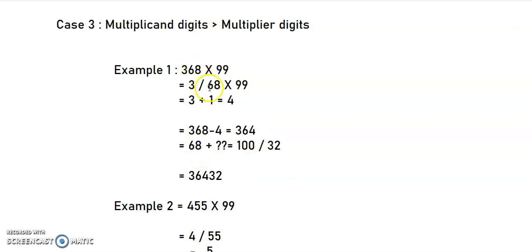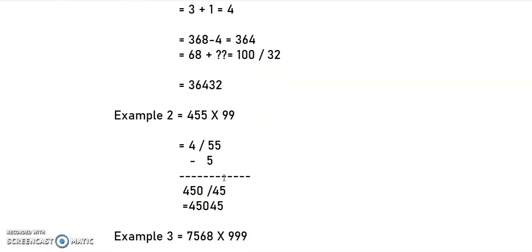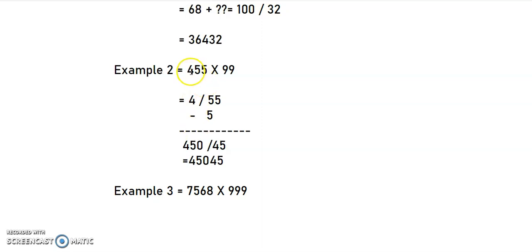Then I am complementing the remaining number: the complement of 68 is 32. So I am writing 36432. We will see another example for better understanding. See here, 455.